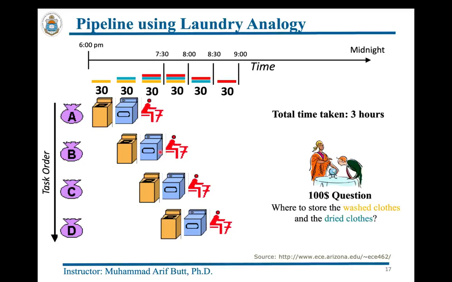Now a $100 question is, if these functional units do not take the same amount of time, that is 30 minutes to complete, we may need to temporarily store the output of this washing unit before giving it as input to the rinsing unit. So where to store the output of the previous unit? We need to have a temporary place in between these 2 stages and in between these 2 stages.